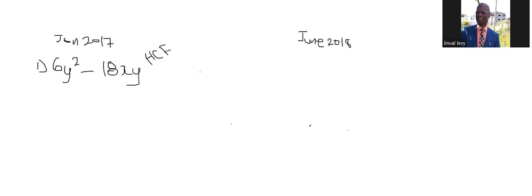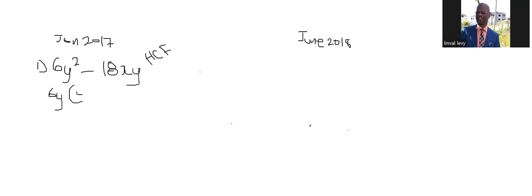Right, so the highest common factor of 6 and 18 is 6. And we also have y that's common to both terms. So we have 6y, open bracket. And so 6y squared divided by 6y would be y.